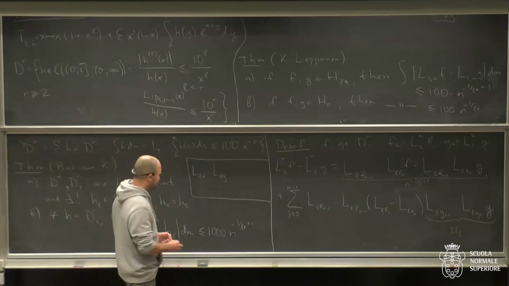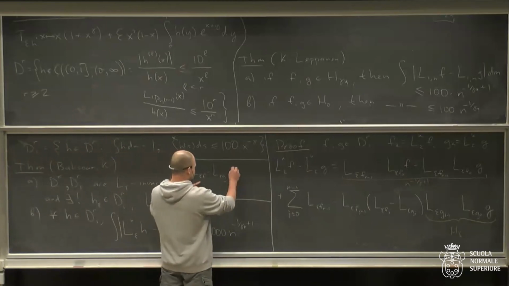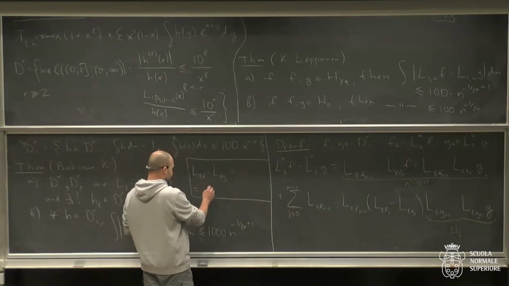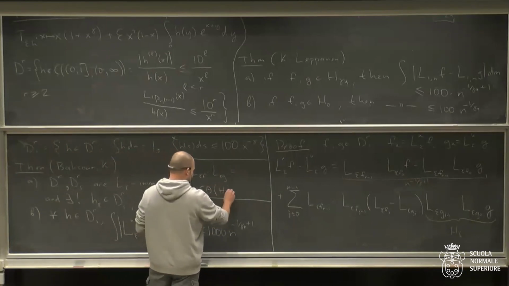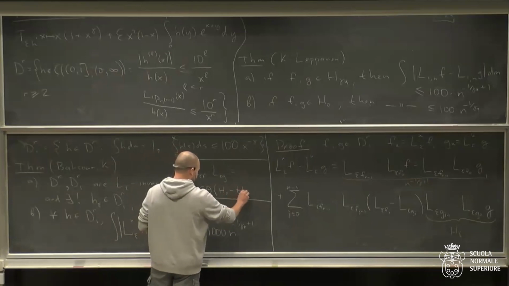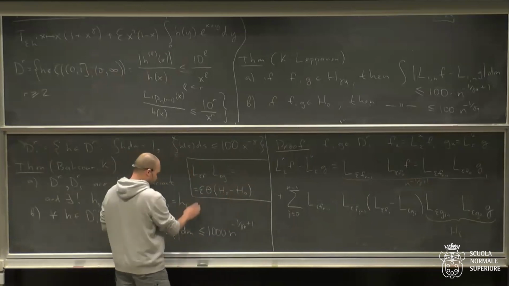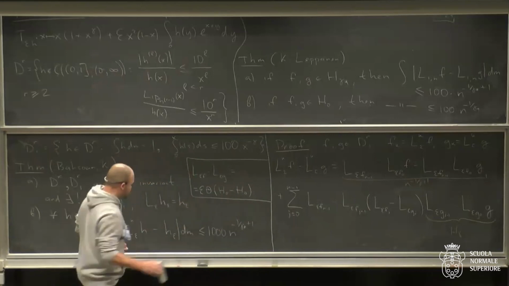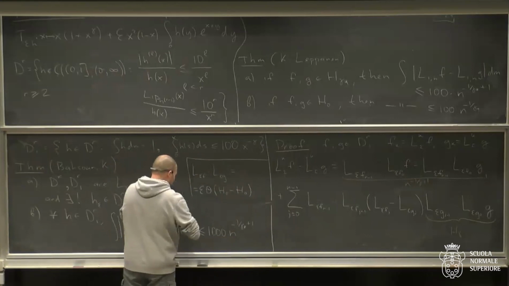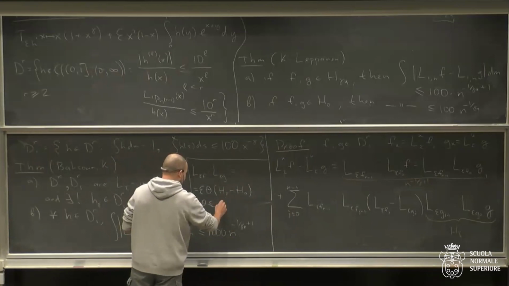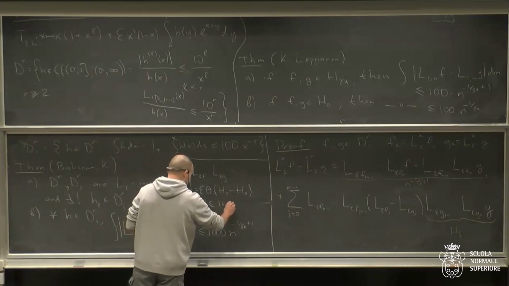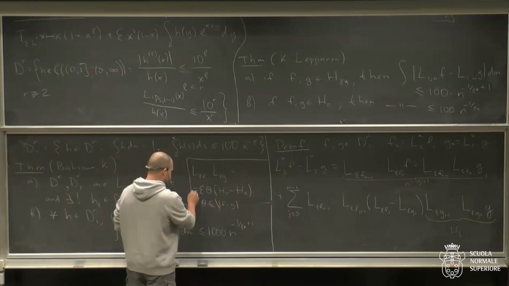We actually have them. So I want to write this as epsilon times some constant theta times H0 minus H0, where theta is bounded by the L1 difference between F and G, like this.